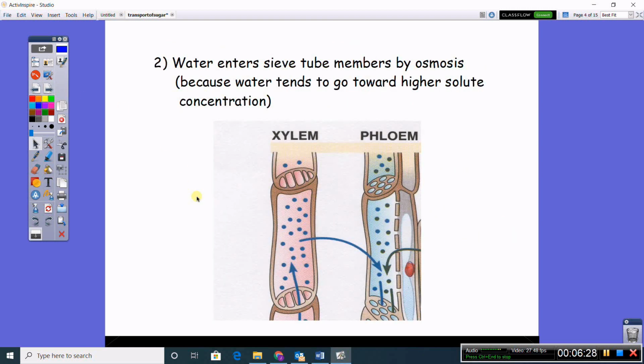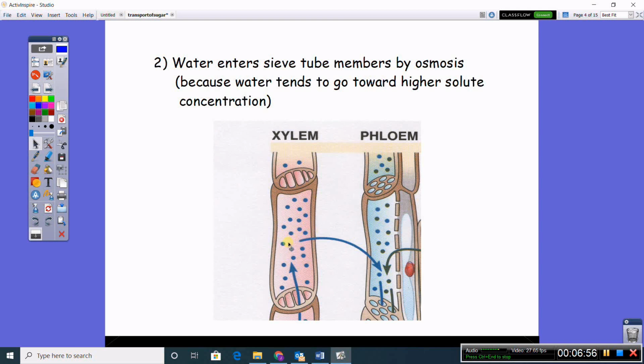Okay, just like in your body, where your arteries and veins tend to be kind of near each other, that's the case too for the xylem and phloem, which are the main transporting vessels in a plant. So once the companion cell helps load that sugar from those mesophyll cells into the sieve tube members, some of the water in the nearby xylem says, hey, there's a high concentration of solute here now.